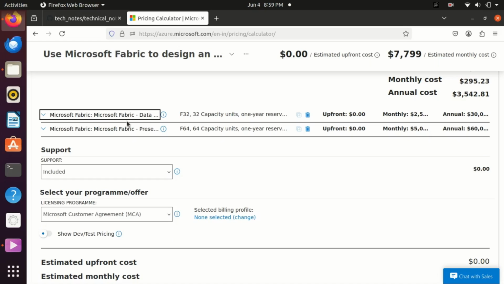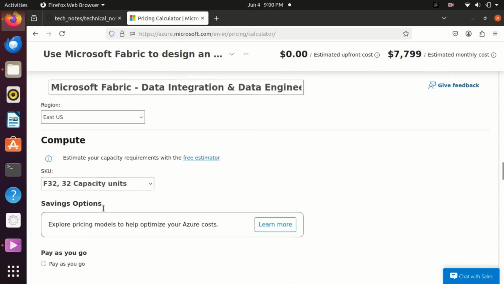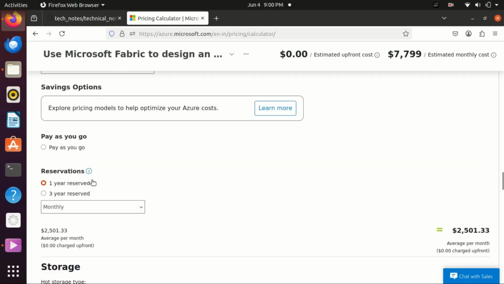So let's create an F32 SKU for data engineering, and you can choose between pay as you go or reserved pricing. In reserved pricing, based on the duration, there is a reduction in the price.